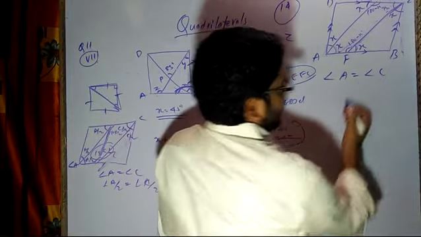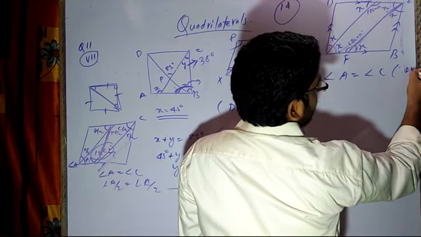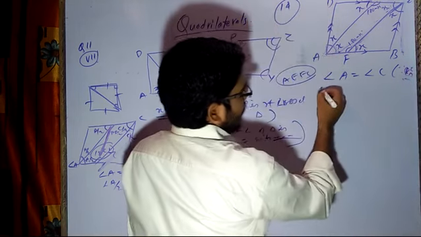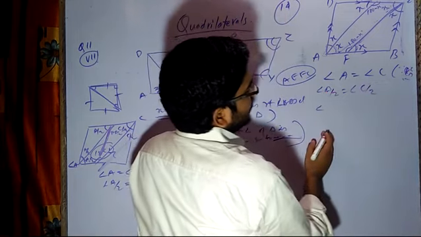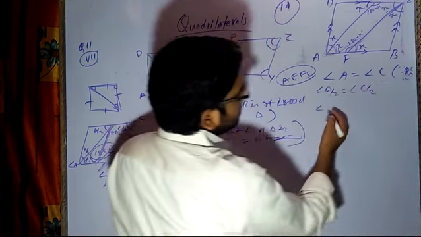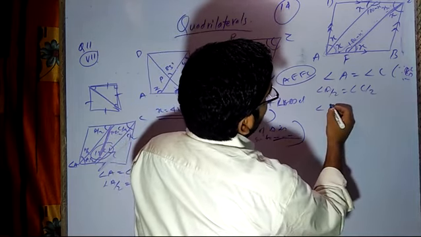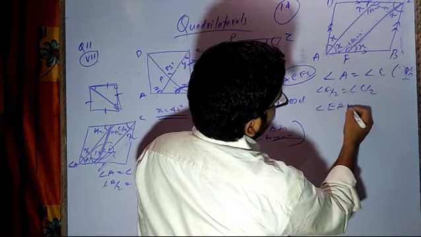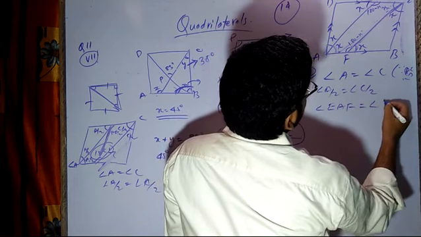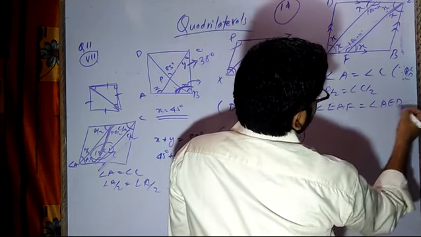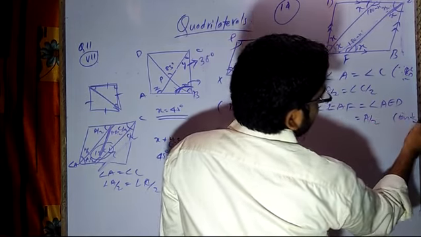Now let me write here. Angle A is equal to angle C, since ABCD is a parallelogram. Angle A by 2 is equal to angle C by 2. Angle EAF is equal to angle AED is equal to A by 2, interior alternate angle.